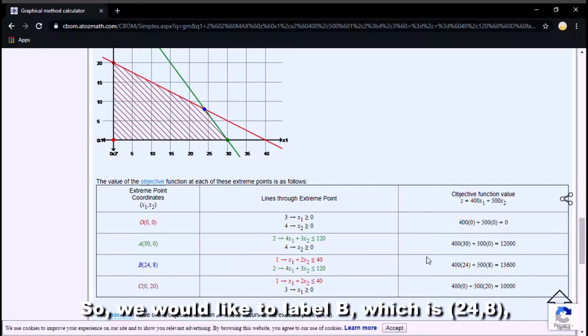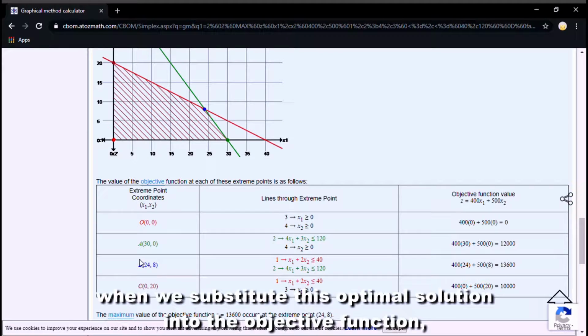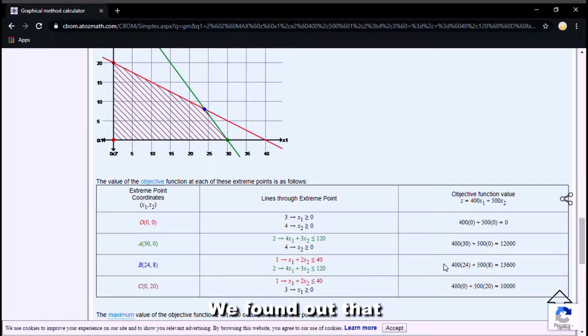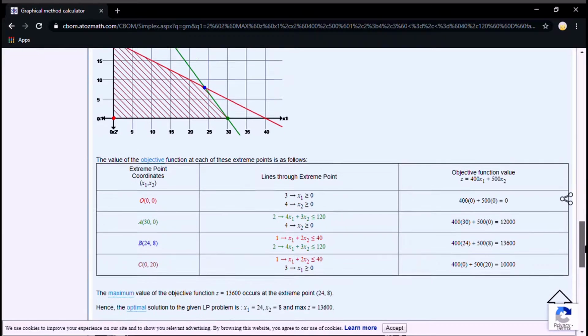So we would label B, which is 24, 8, as the optimal solution, because when we substitute this point into the objective function, we find that the optimal value is the maximum value.